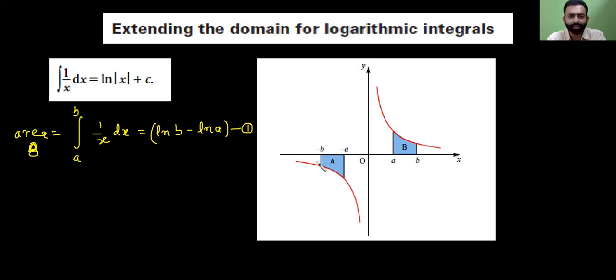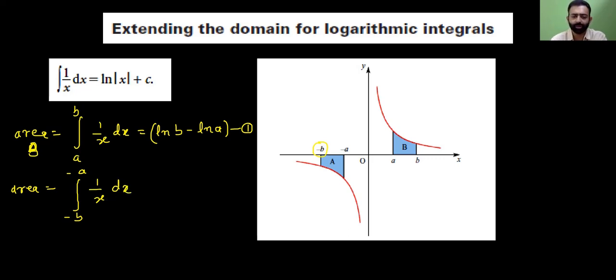Let us see whether mathematically we can derive this. So area A is from lower limit minus b, as minus b lies towards the left of minus a, to upper limit minus a, of the function 1 upon x dx.